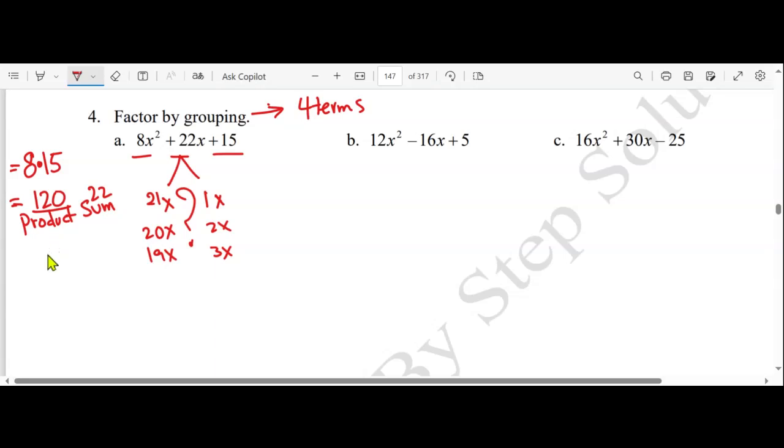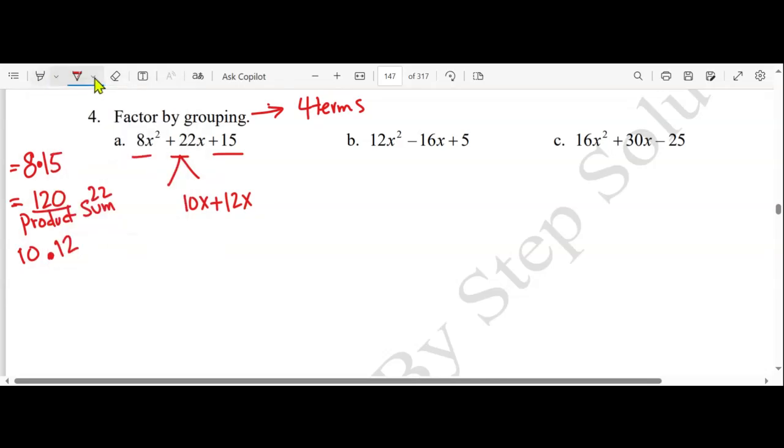Give me 2 numbers. What are the 2 numbers that their product is 120 and their sum is 22? 10 times 12. Yes, true. So I will divide this into 2 parts, 10x plus 12x.